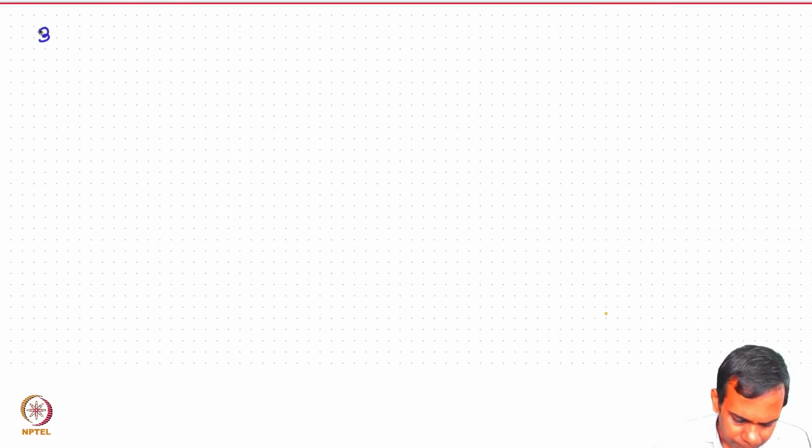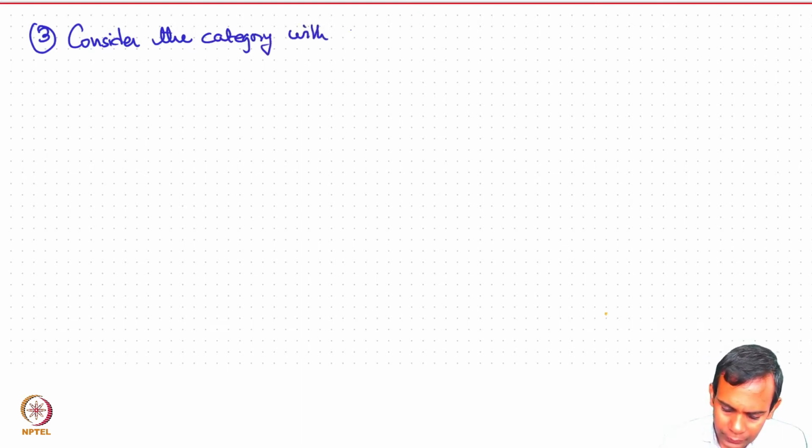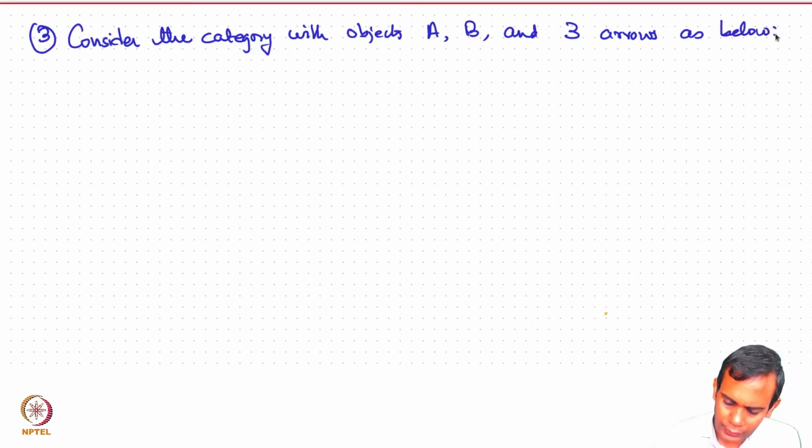Okay, the third problem. Consider the category with two objects, which I'll call A and B, and three arrows as below. So let me show you what the arrows look like.